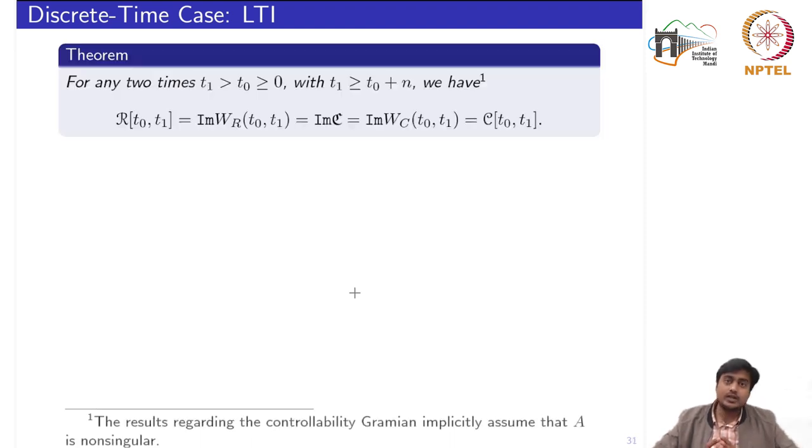This was one of the key results where we have shown the equivalence between all the subspaces: the reachable subspace, its characterization with the help of the Gramians, and for the LTI case the controllability matrix.